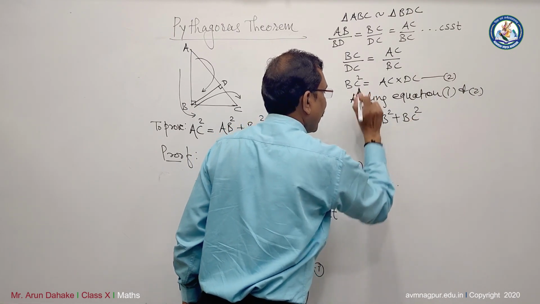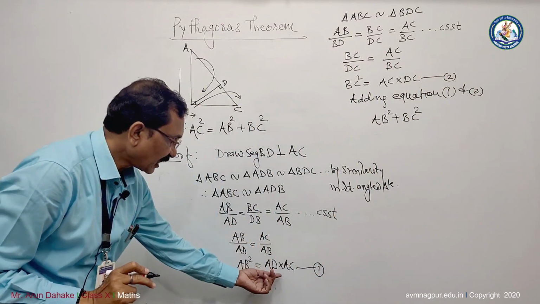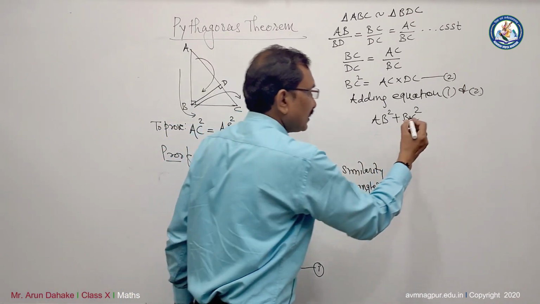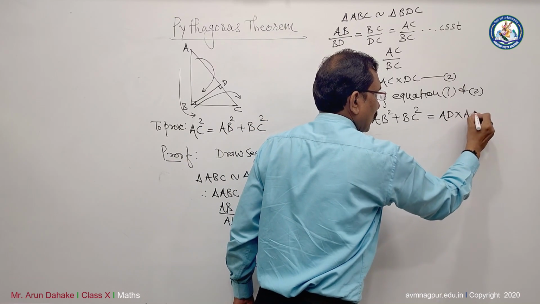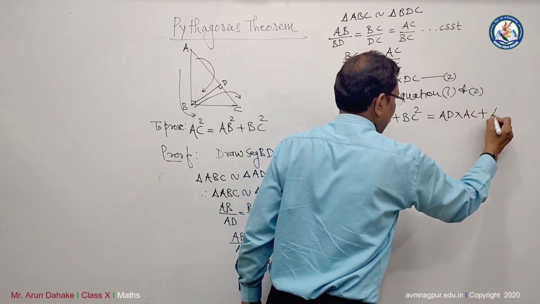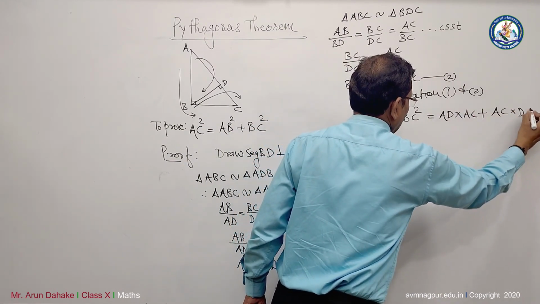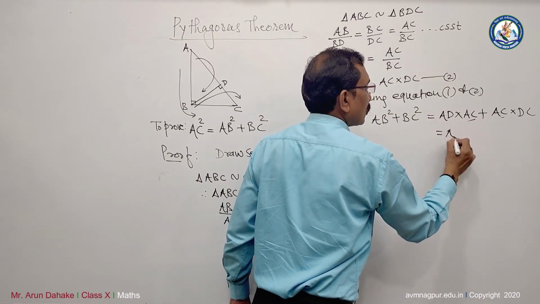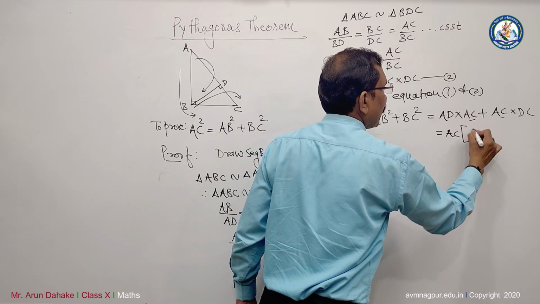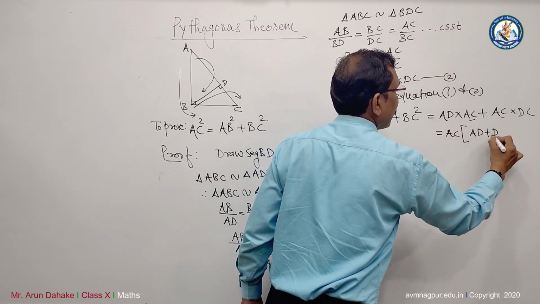Same way, on the right hand sides you add AD into AC plus AC into DC. Now what is common here? AC is common, so take it out in a bracket, AD plus DC.